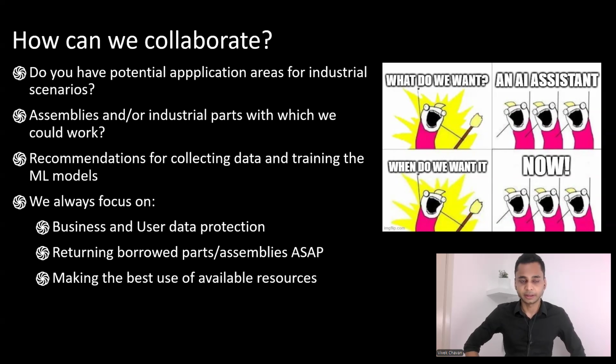So this could be either in the form of a process or also in the form of specific hardware, for example, assemblies, sub-assemblies, or tools that we could borrow or just digitize for a very short time and then use for training our machine learning models. At the same time, if you have some general recommendations for research directions or just examples for collecting data and training our models, that could be very useful.